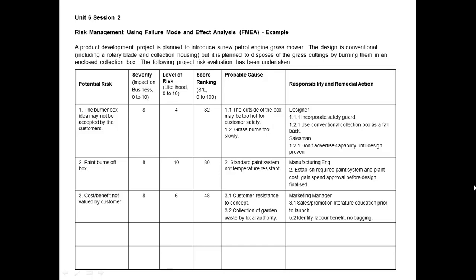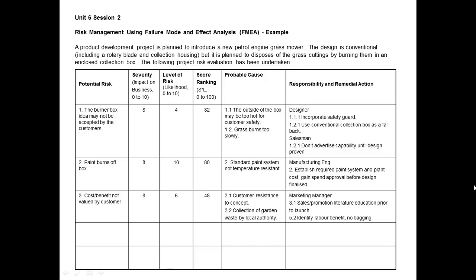Well, they can only come from our evaluation of the product idea, and that evaluation improves with experience. If we know about grass cutting, then we're likely to be better armed to think about what the risks might be. If we know about manufacturing processes, if we know about design, all of those experiences will allow us to evaluate potential risks most effectively.